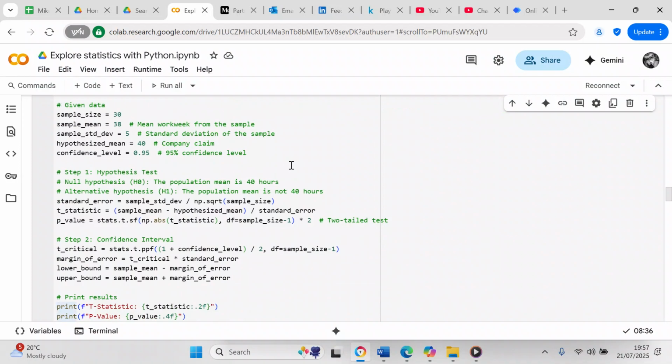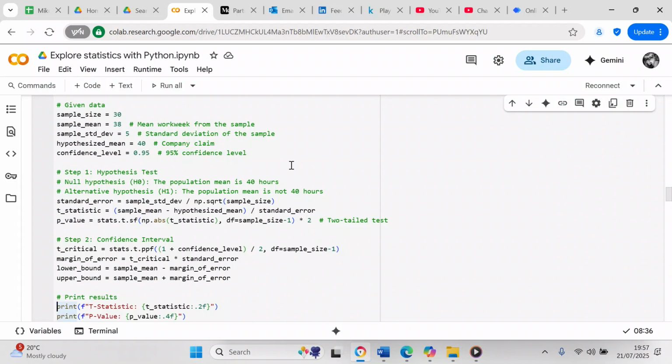Your p-value, which is a probability, equals 2 times stats.t.sf, where sf stands for survival function, of np.abs, the absolute value of the t-statistic, comma, df equals sample size minus 1, which is 29. Times 2, so it's a two-tailed test.